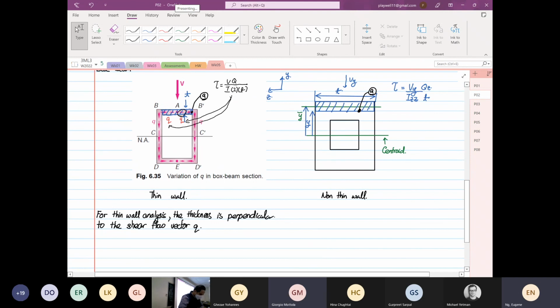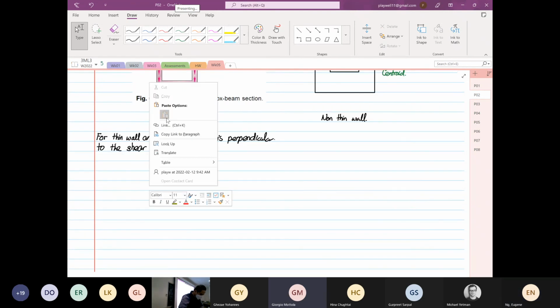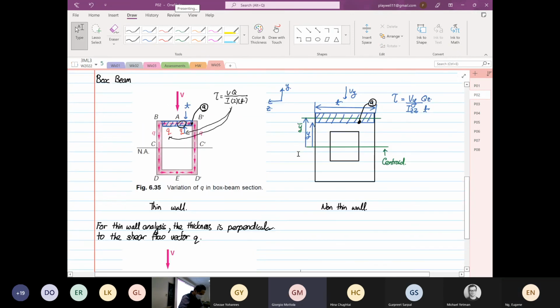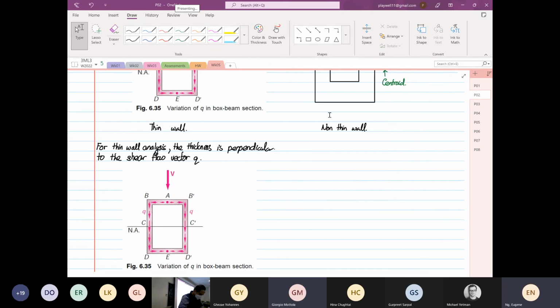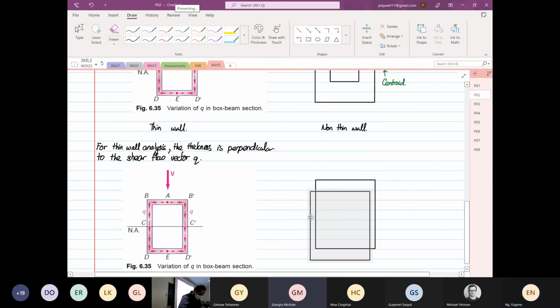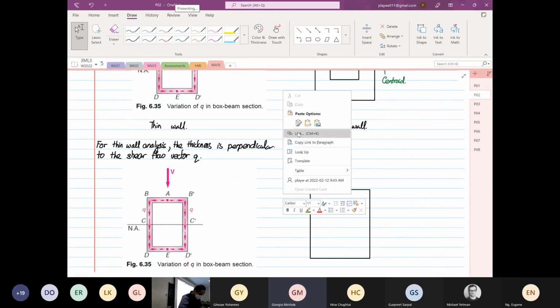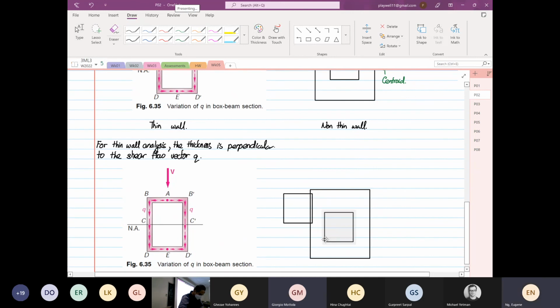So let me copy and paste again. Okay, so let's look at some similarities now.